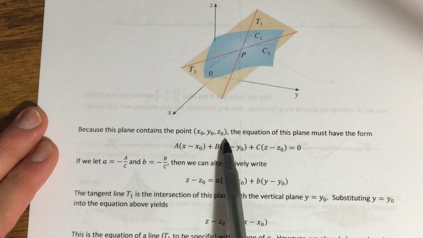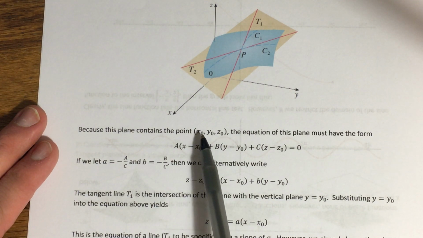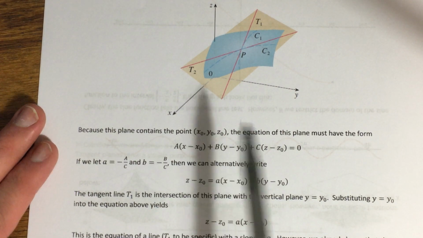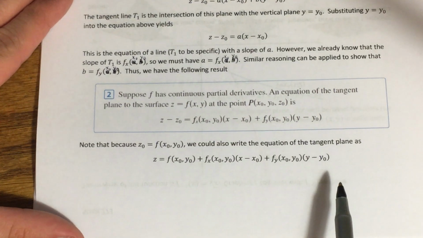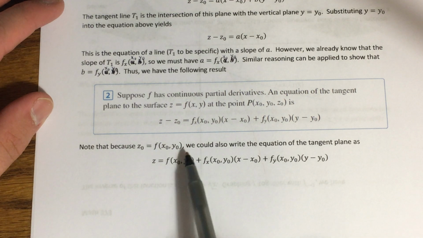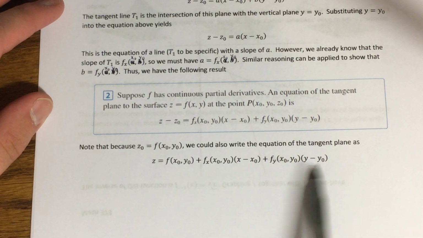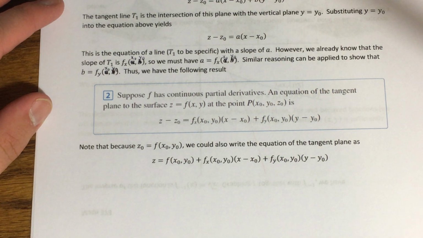We're talking about a point x naught, y naught, z naught on our surface, but the surface is determined by that function f. So f of x naught, y naught would have to equal z naught if that point is going to be on that surface. So substituting this f of x naught, y naught in for the z naught here and then adding that over gives me this alternative form for the equation of our tangent plane. This would be a constant.